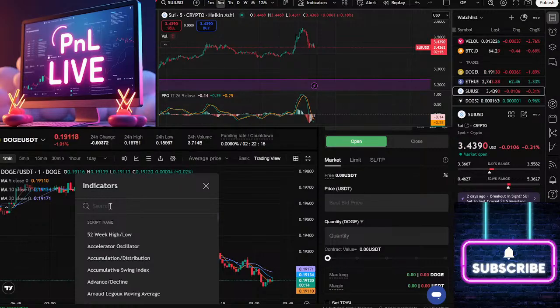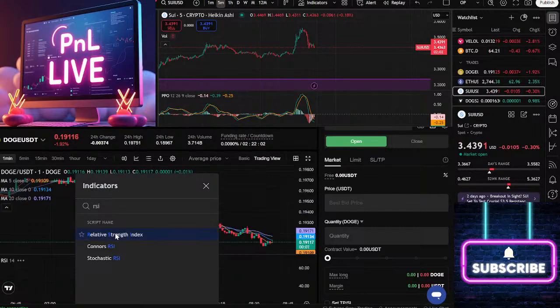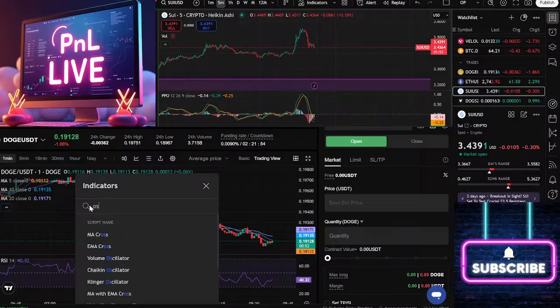It looks like it's on my end. Sometimes it'll actually skip 2 seconds, but it looks like it's doing all right so far. All right, so the RSI, it shows whether you're overbought or oversold, which is good to know.